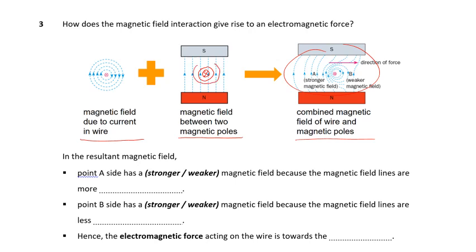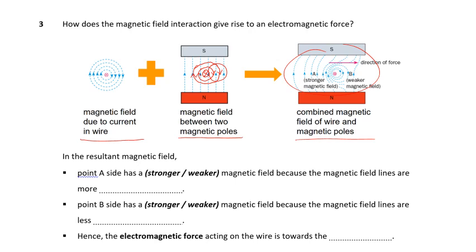If I were to put this wire within a magnetic field, you notice that on the left hand side you have magnetic field lines going up from the magnet, and on the right hand side we have magnetic field lines going up from the magnet but down on the right side of the current carrying conductor. So on this side there's a tendency to cancel the magnetic field lines out.